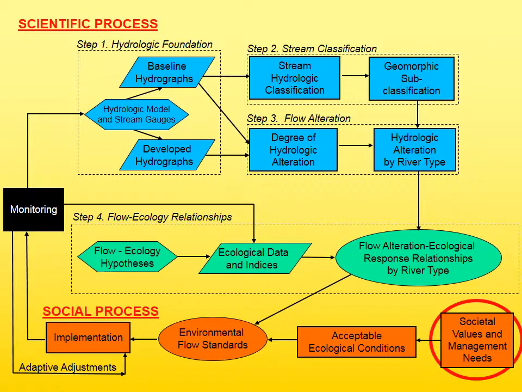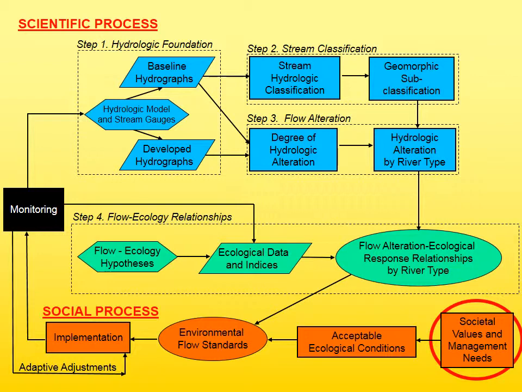And the social process is definitely lagging at the moment. So we're encouraged by social scientists exploring how to make the social part of this process more robust and more appropriate for the scale of environmental flow assessment.